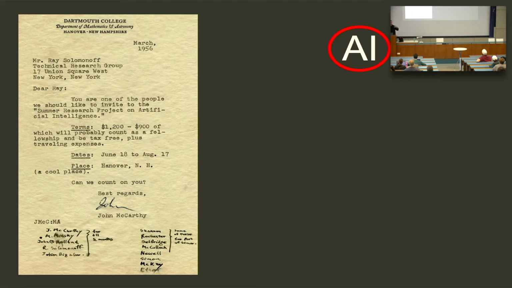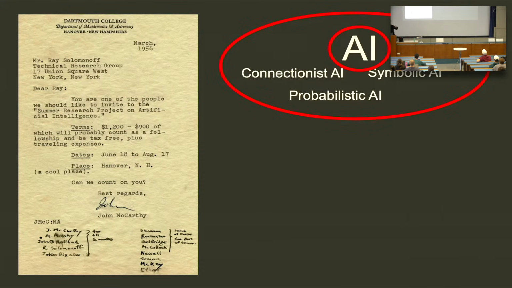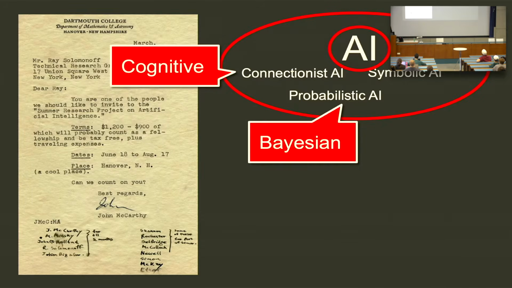And then what happened is that, at the beginning, there was just this idea of how do we put intelligence in a computer and get the computer to do the sorts of things that we can do, and maybe more. Then over time, different branches formed. You have the connectionist view based on models of how the brain works, you have the Bayesian view based on Bayes' theorem, and then you have the symbolic AI based on mathematical logic.